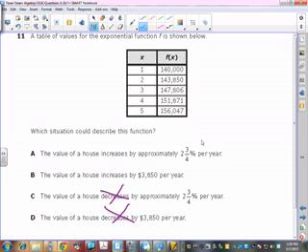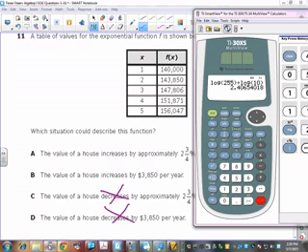Now take your calculator and let's see what's happening. The first thing let's do is let's subtract. Okay, that was 3850.